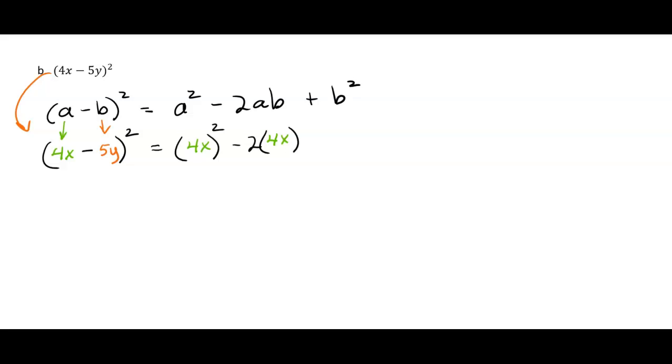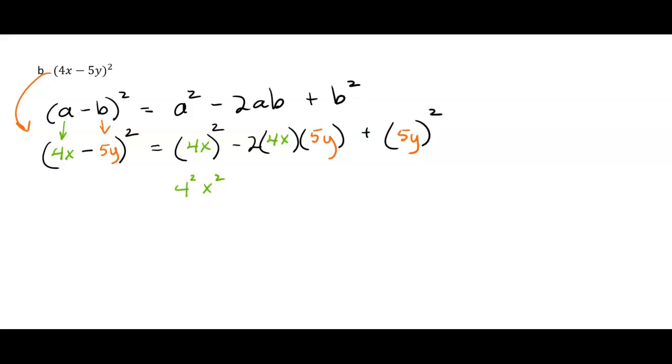Now on the other side, every place there's a b, I've got to put in the 5y. So 2 times the b appears also. Those parentheses are really important because when we square things, we have to square the whole term. So for this first one, I have to square the 4 and I have to square the x. Don't forget that.